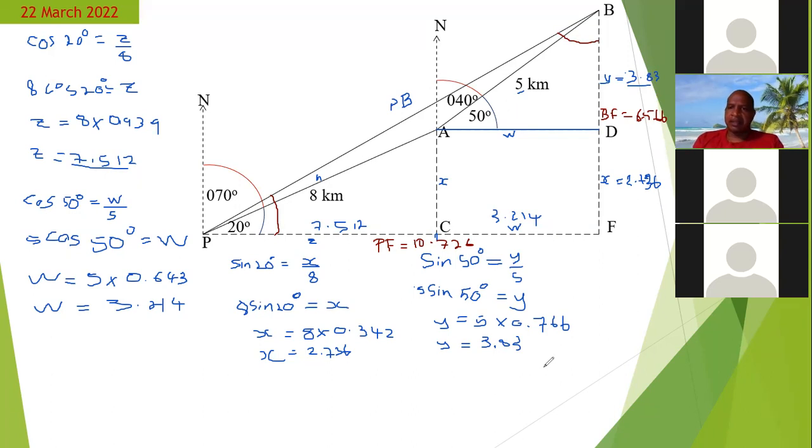Miss Green, do we know any of those angles? Sir, I don't know what you're talking about. That means you're not following, you're not paying attention. We are referring to this big right angle triangle, Miss Green. Pay attention, please. I know it's a long question. So this is the big right angle triangle that we're referring to.